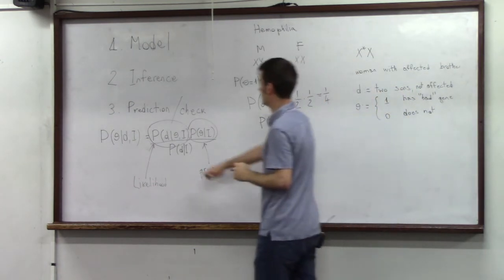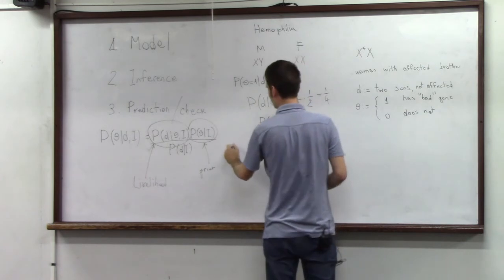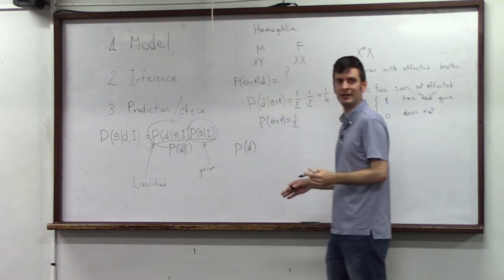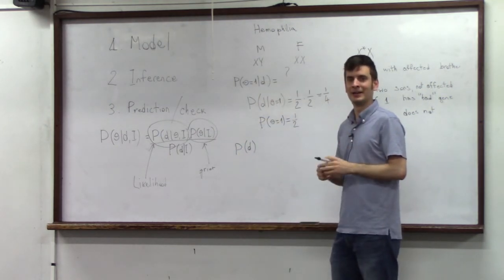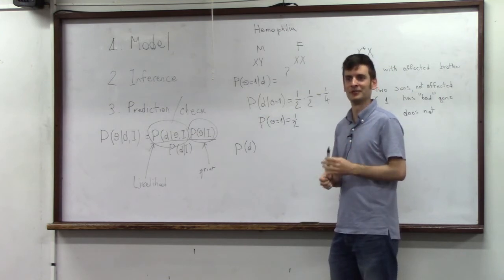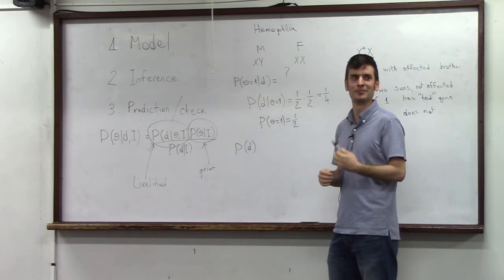So now we have to calculate this term. This is the probability of observing the data obtained by marginalizing over all possible values of theta. I'm going to be using this term a lot, marginalizing.